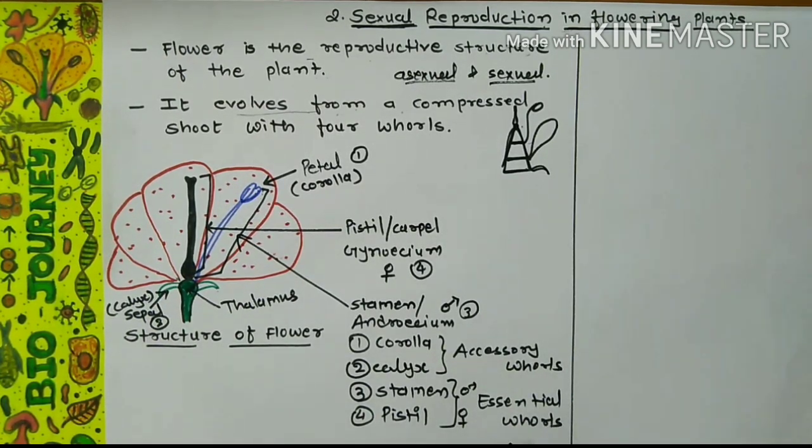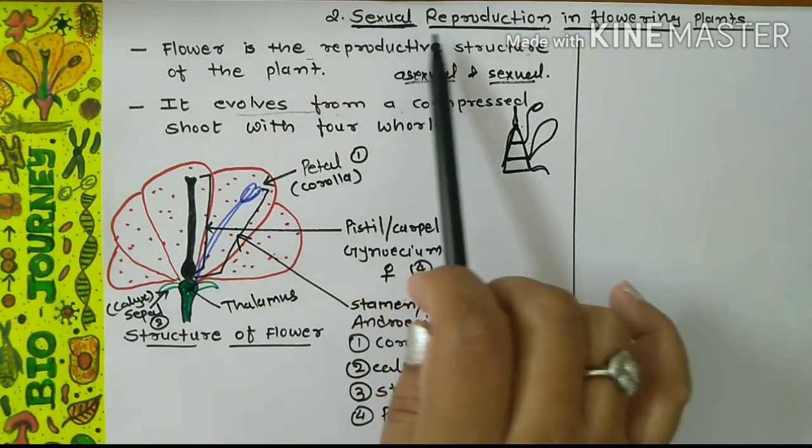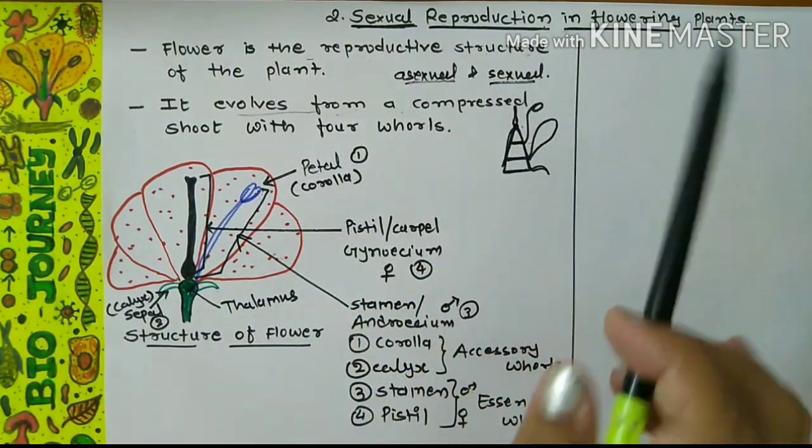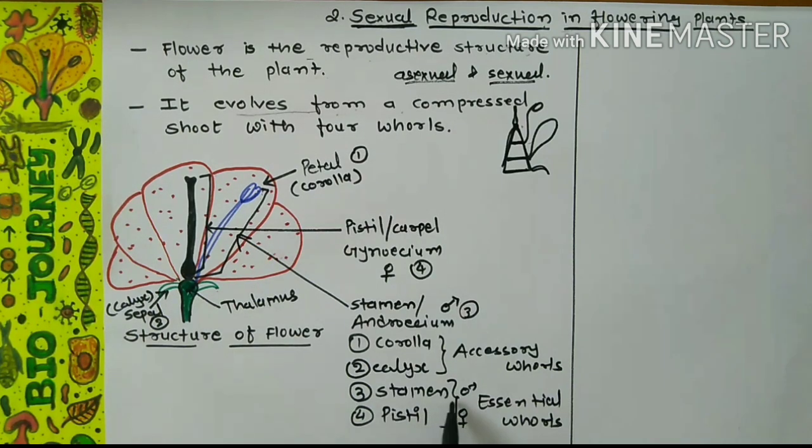Why? Because they are directly involved in the sexual reproduction process. From the stamen the male gamete will form, and in the pistil egg cells are produced, and then fusion and the whole process will run. So these two are known as essential rolls.